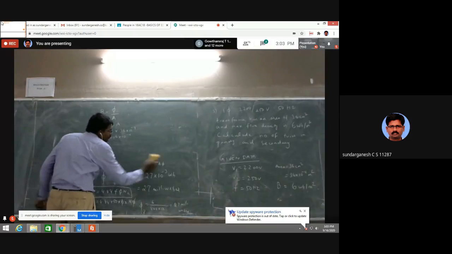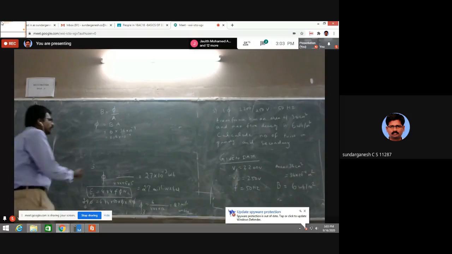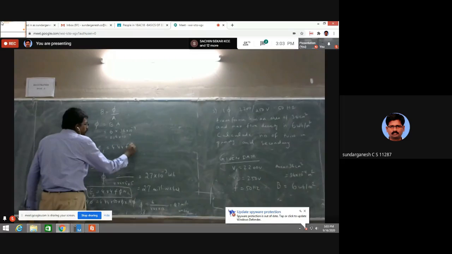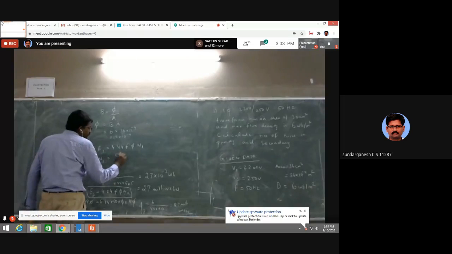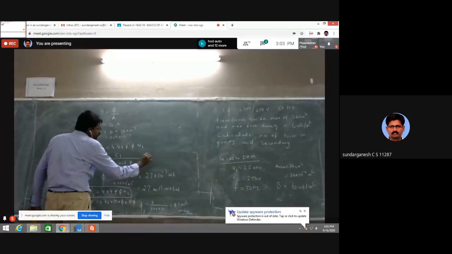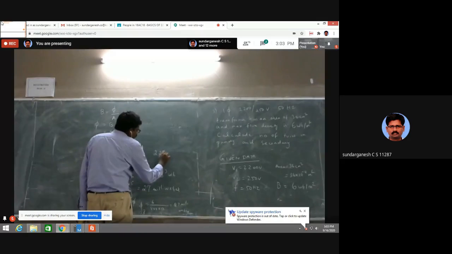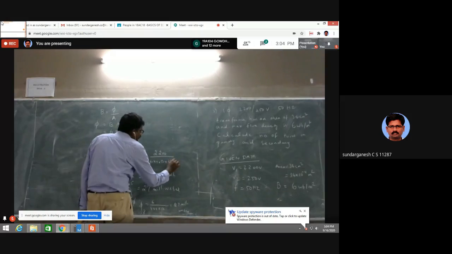Now we have to find N1 and N2. How can we find? E1 equal to 4.44 F phi N1. I want to find N1, so N1 equals E1 divided by 4.44 F phi. E1 is given as 2200, 4.44, 50, phi is 216 into 10 power minus 4.